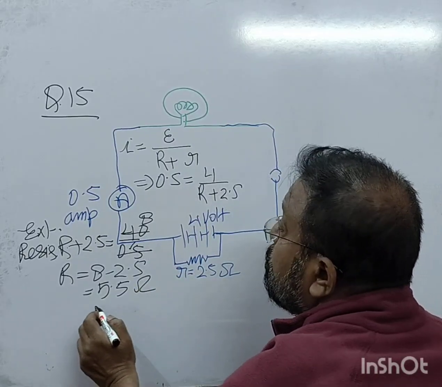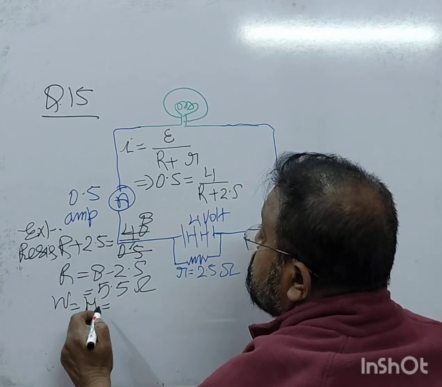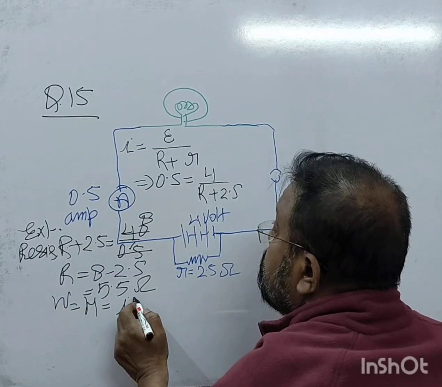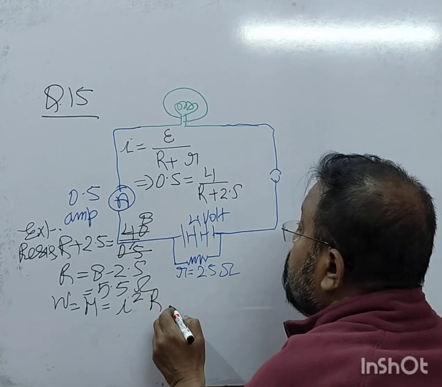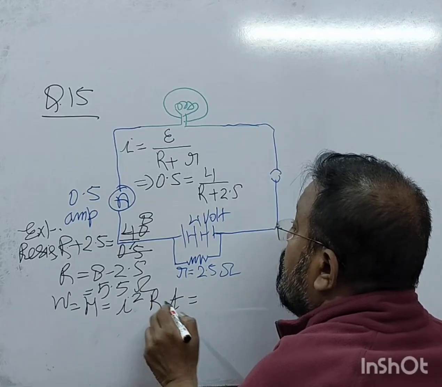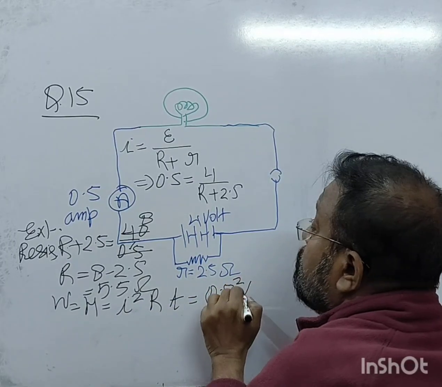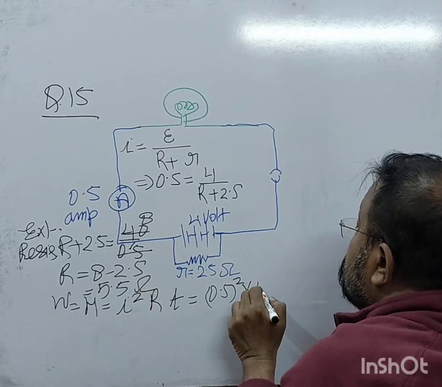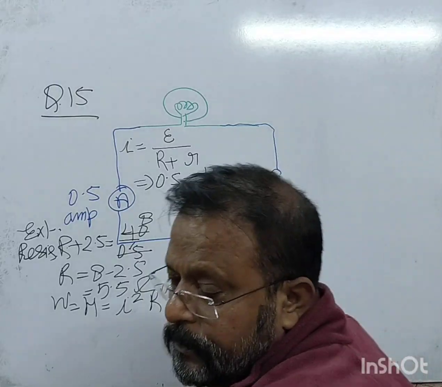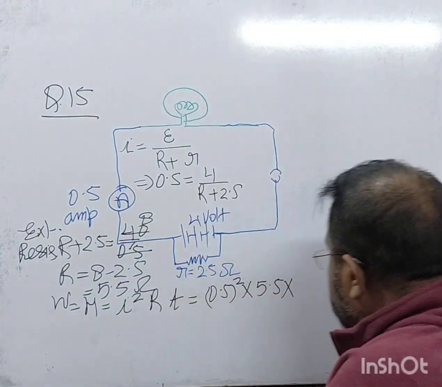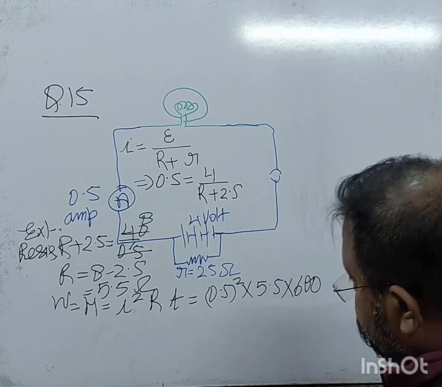Now W, or H, is equal to I square R into T. I is 0.5, whole square, into R which is 5.5, into time which is 10 minutes. 10 into 60 becomes 600 seconds.